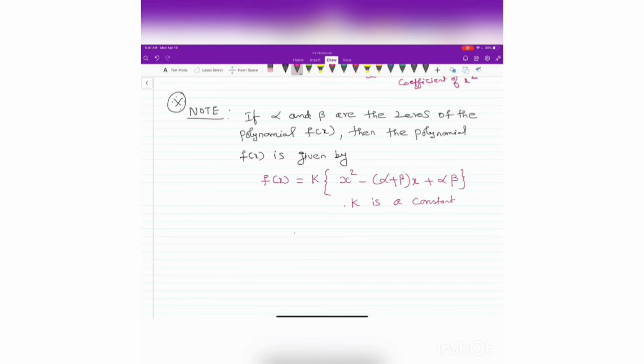This in turn can be written as k into x square minus sum of the zeros into x plus product of the zeros. So questions may be asked based on this particular concept.